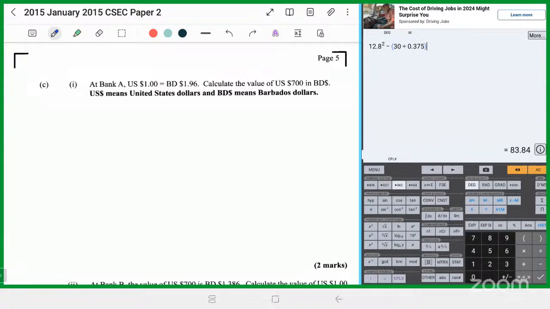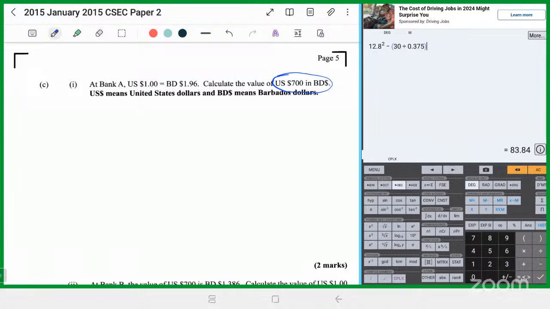So it gives us this relationship, US $1 at bank rate is equivalent to Barbados $1.96. So the BD means Barbados dollars. I want us to tell them the value of 700. So basically you want this side to become 700 and multiply by 700. All right, so we need to take this ratio and multiply by 700.